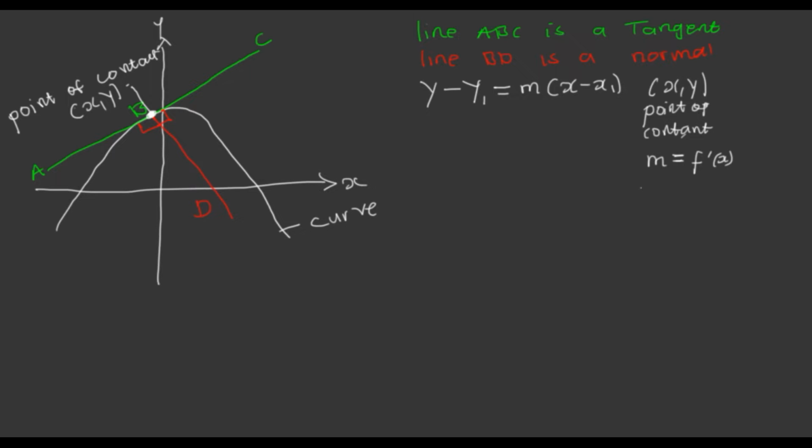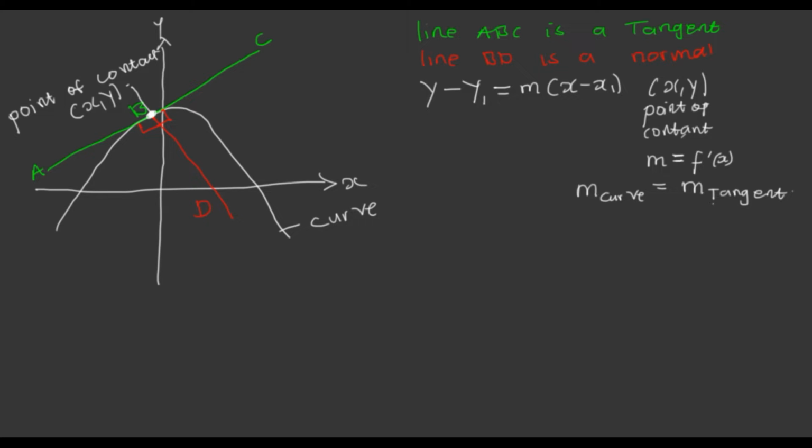Now there is another note that we need to have. If we are able to find the gradient of the curve, we have to know that the gradient of the curve is equal to the gradient of the tangent at a point of contact. Then, what of the gradient of the normal?